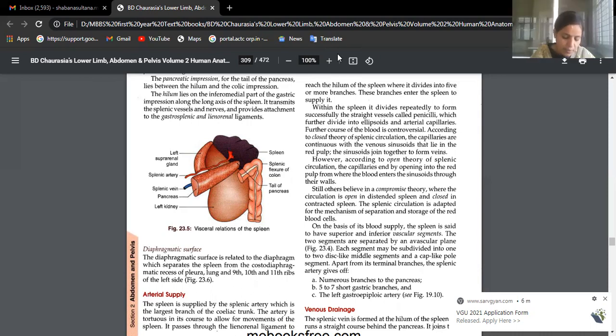And? It terminates near the brachiocephalic vein. Yes, I mean, at the junction of the left subclavian and left internal jugular vein. At that junction, it terminates.